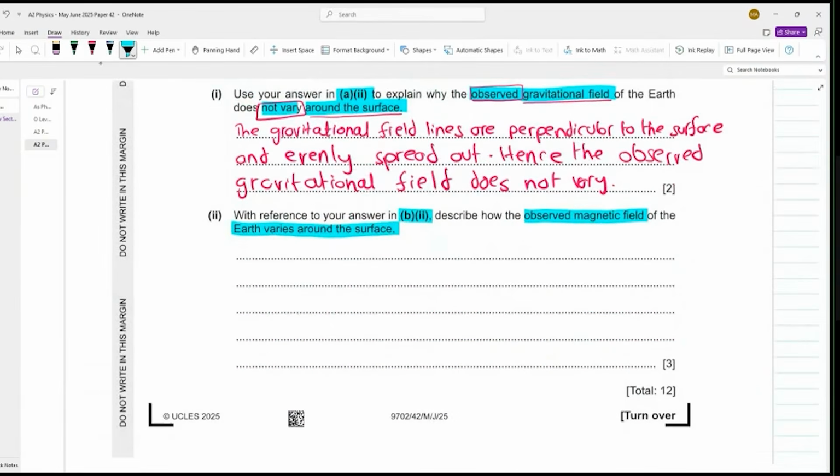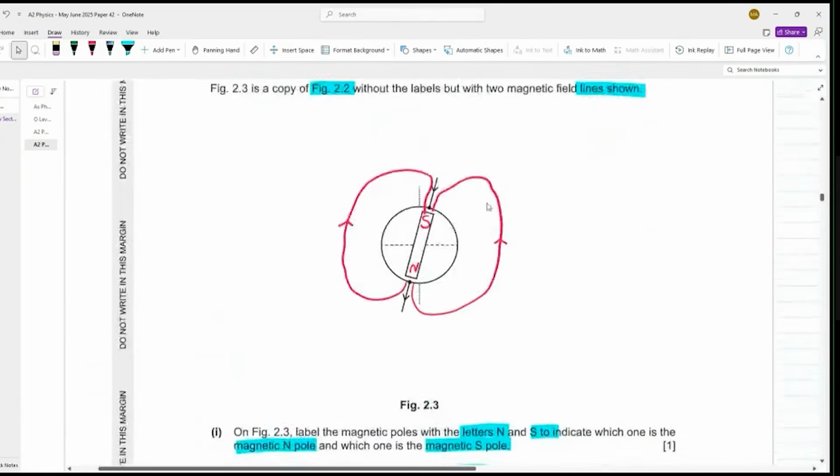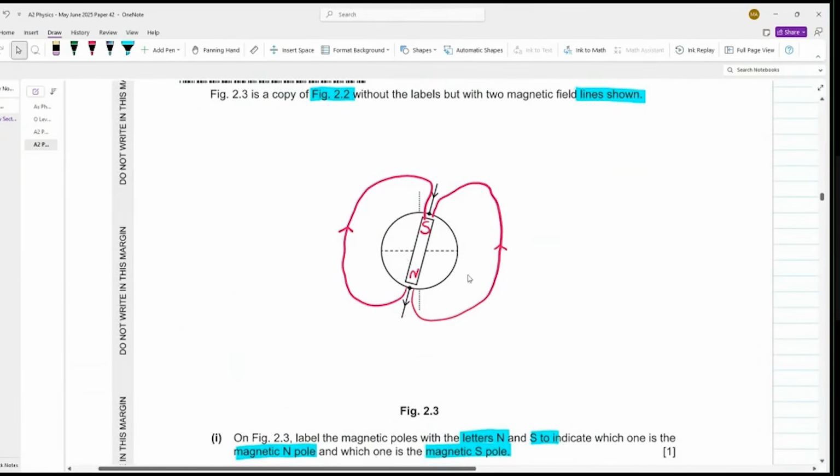You have to tell how the magnetic field around the Earth's surface varies. First and foremost, you have to realize, if I zoom in a bit here.